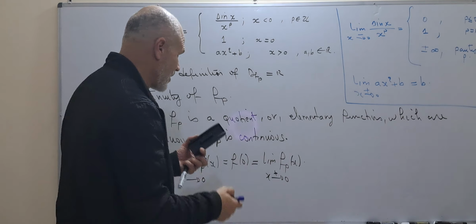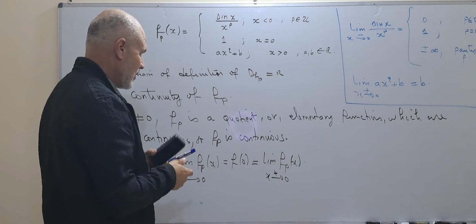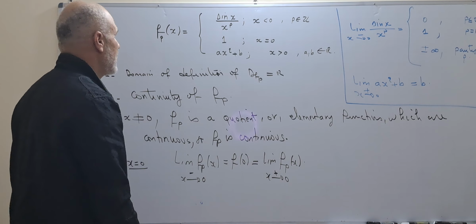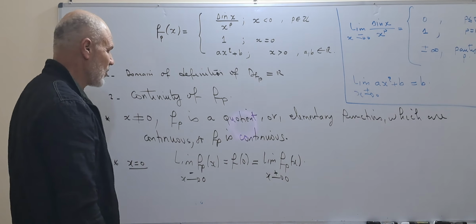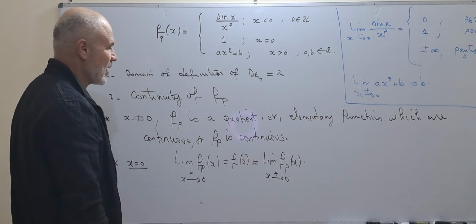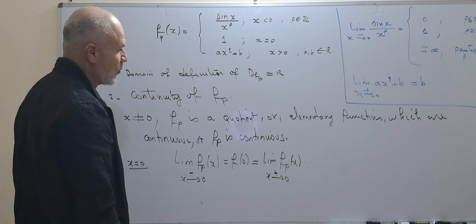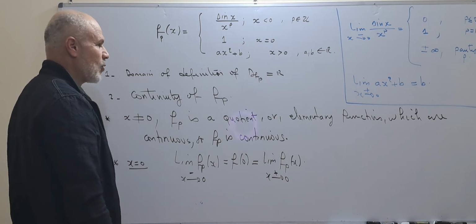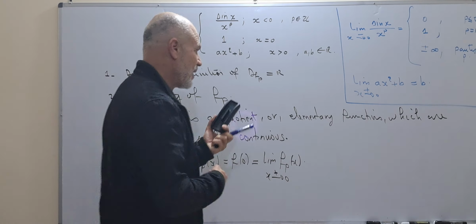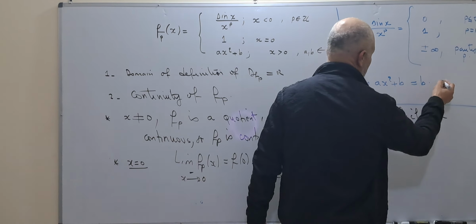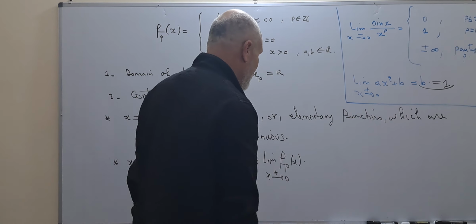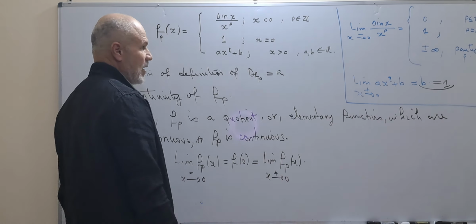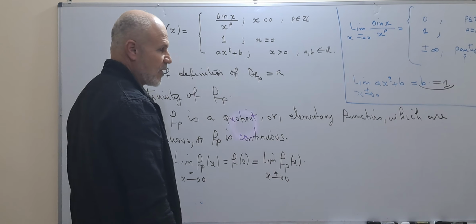So the unique case in which the function is continuous at x equal to 0 is when p equal to 1 and b equal to 1. If we take b equal to 1, it will be continuous from the left and from the right.